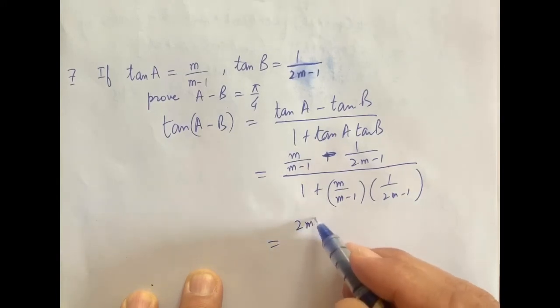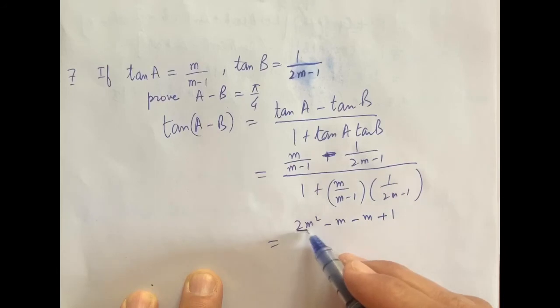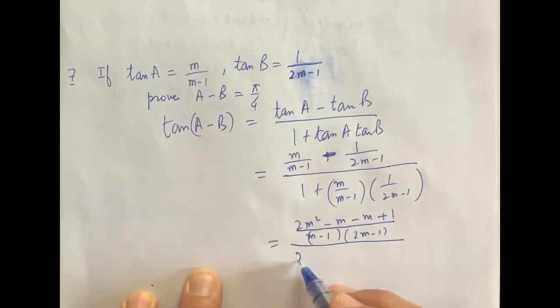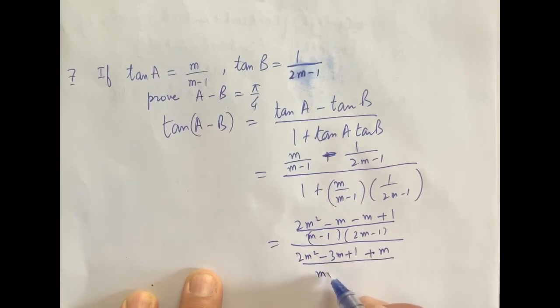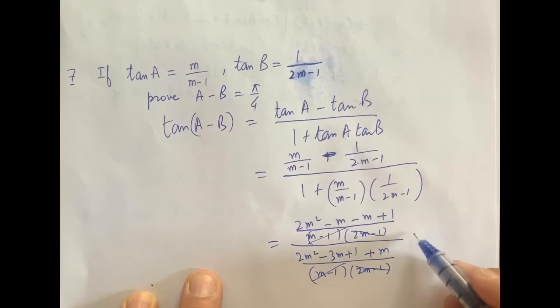The numerator is 2m square minus m plus 1, over m minus 1 into 2m minus 1. This will be 2m square minus 2m minus m, which is minus 3m plus 1, and plus m, upon m minus 1 into 2m minus 1. This will cancel out with this and this with this.